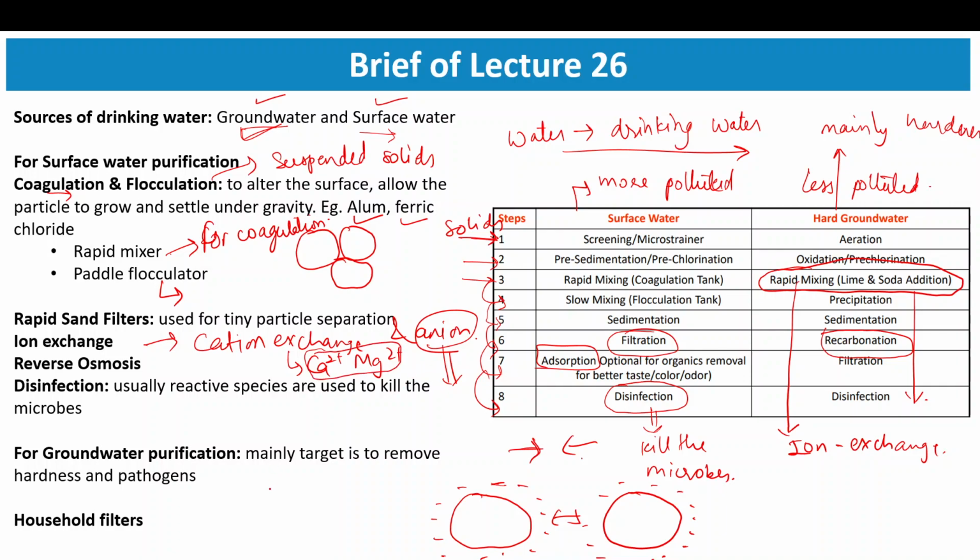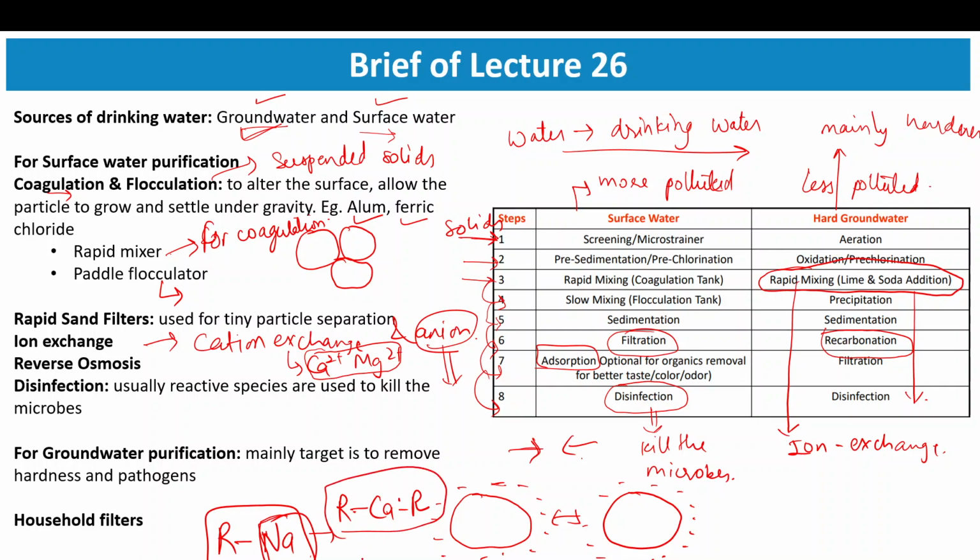In that case, we take a salt in the resin form, R-Na. Here the Na+ is replaced by Ca, since Ca has two valencies.